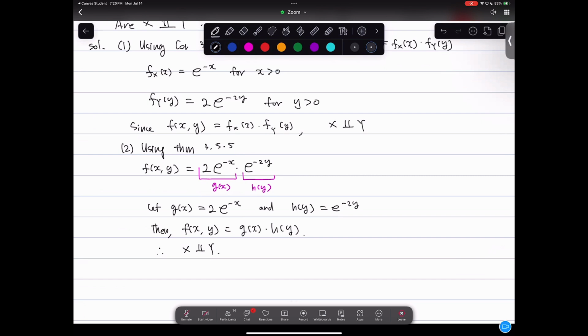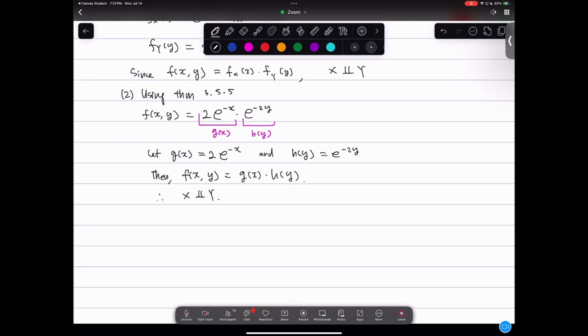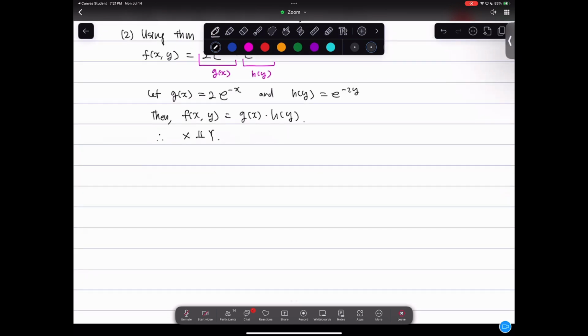That's way simpler. It doesn't require the marginal PDFs. I just have to take a look at it. So this is very, very useful. I'm going to give you 3 separate examples to use the theorem so that you can identify it on your own, to determine using the theorem if X and Y are independent given that you have a joint PDF.